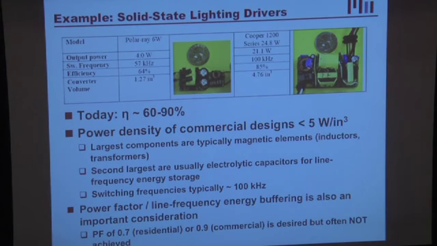So it's not a measure of my own efficiency, it's how much I'm hurting the utility. A power factor of 1 is basically doing as best as you can. A power factor of 0 is, basically, I'm sloshing a lot of energy and dissipating energy in the grid, but getting none. The goals for these converters set down by the government are a power factor of 0.7 or better for residential designs and 0.9 or better for commercial designs.